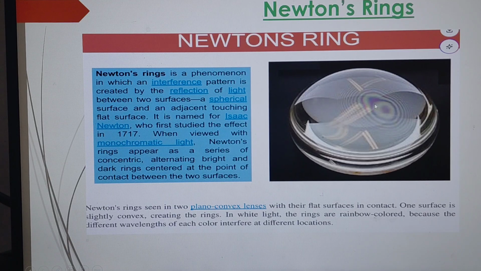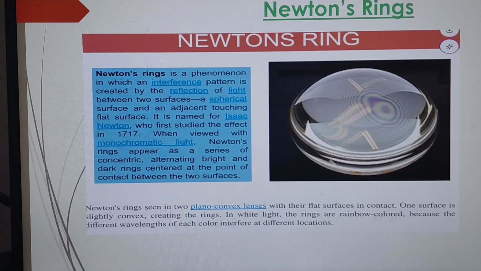Here you can see something like a bubble between the two lenses. This is the point where the circular rings are formed, with one surface flat in contact and the other slightly convex.